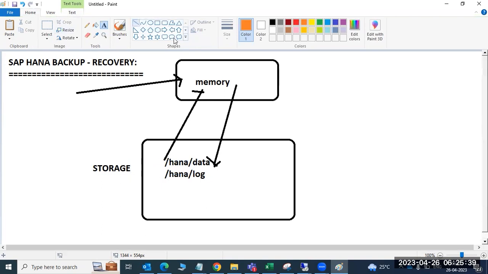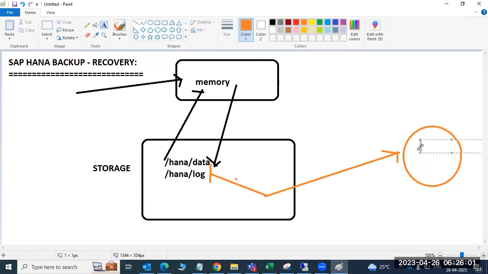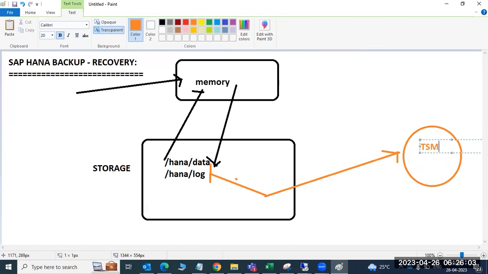We have to take the backup to some internal location, like the same folder or another file system. We can also take it to some other external drive. We have external tools like Tivoli Storage Manager, TSM, or other drives.